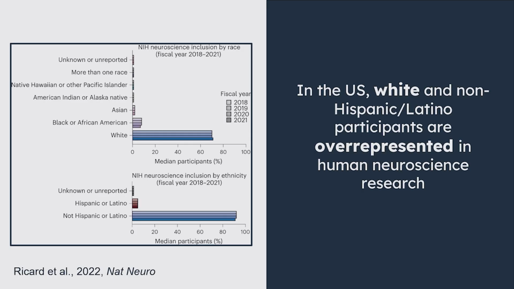Another important point is that within the United States, white and non-Hispanic or Latino populations are overrepresented in human neuroscience research. A critical issue when we think about diverse recruitment is the over-reliance on convenience-based recruitment practices. These can be convenient for time or location.